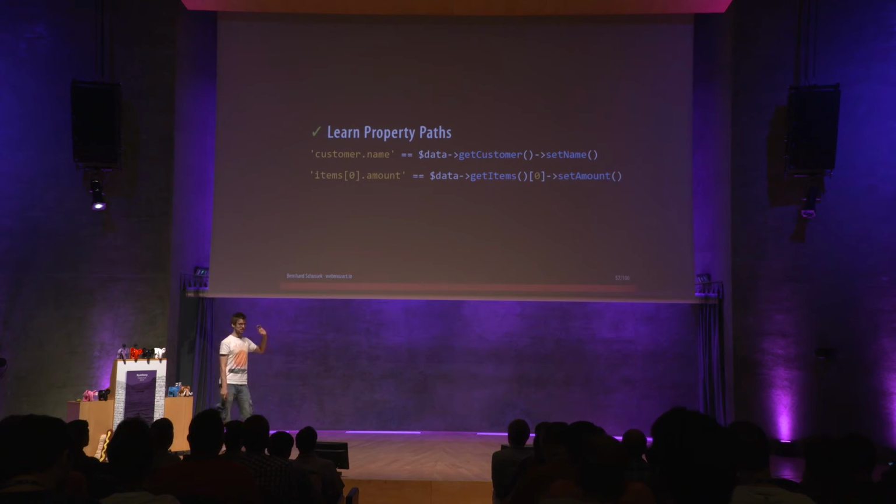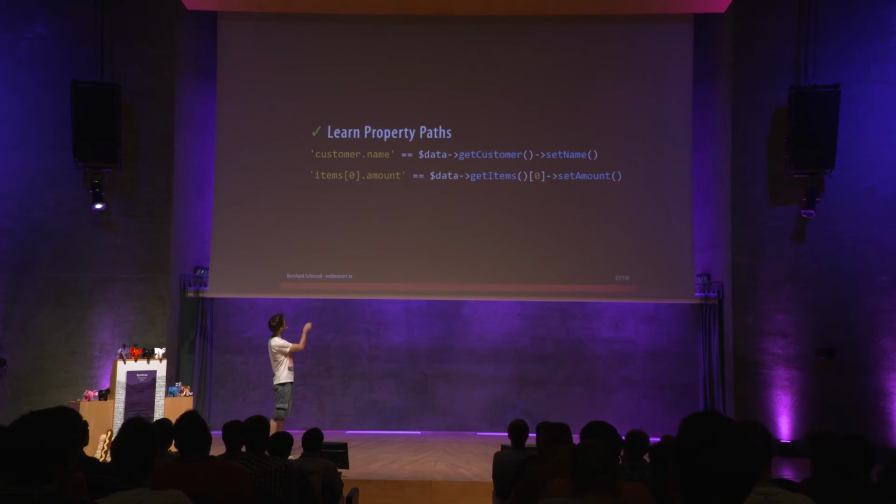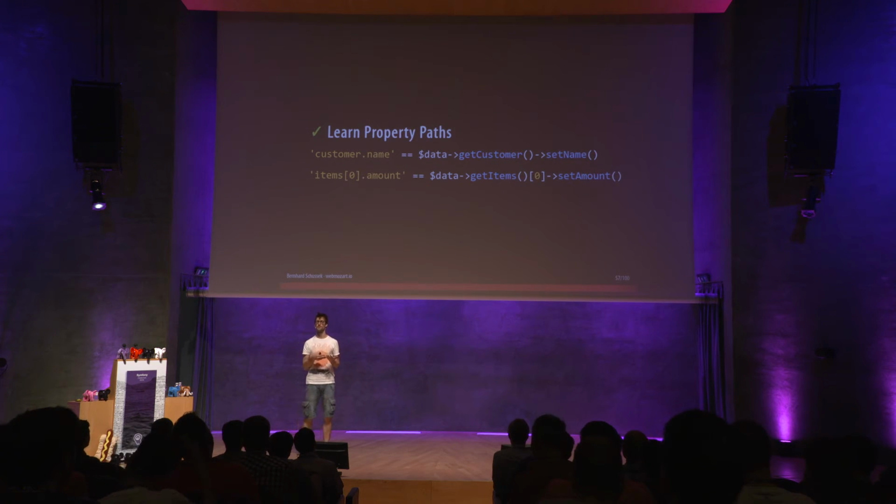And there's different syntax variations for property paths. You can use square brackets to use array access. So here, items[0].amount would be data get items 0 amount. So this is a very flexible tool to decouple your form from your model.